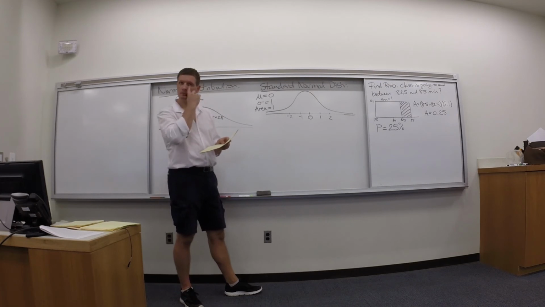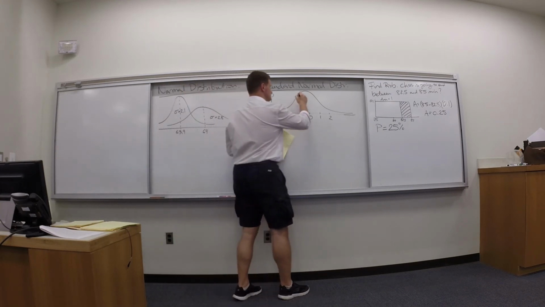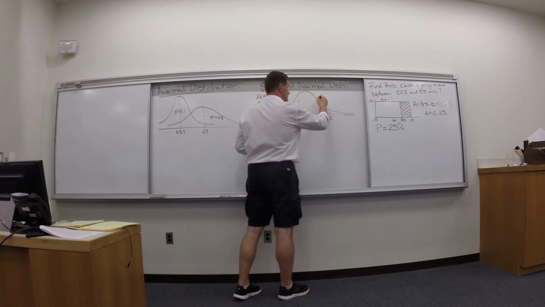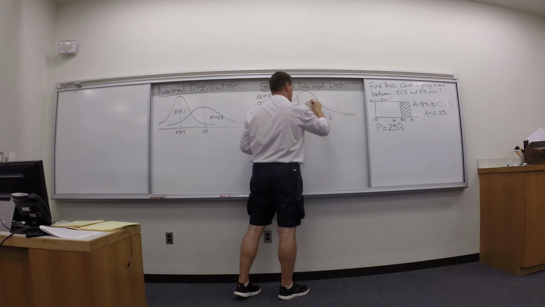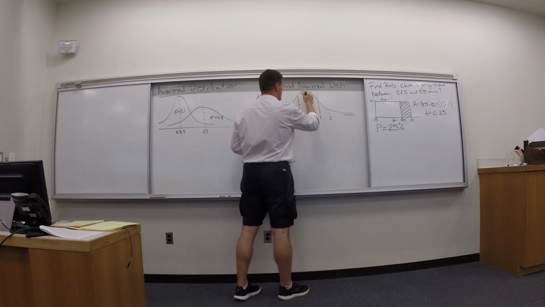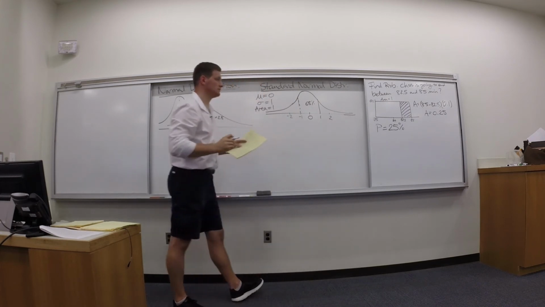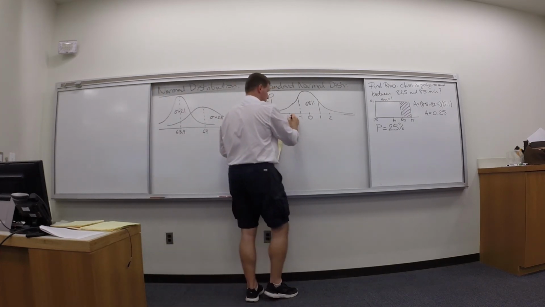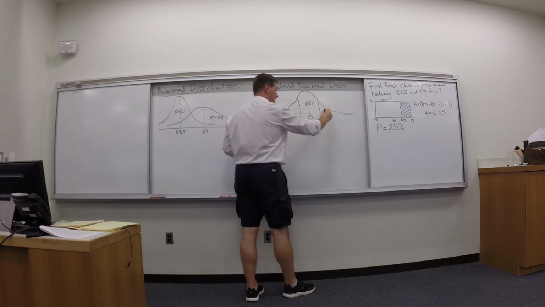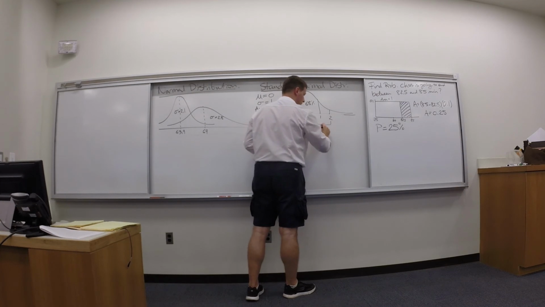Remember the empirical rule? 68% will be here. And between those two, this will be 95% of the area.